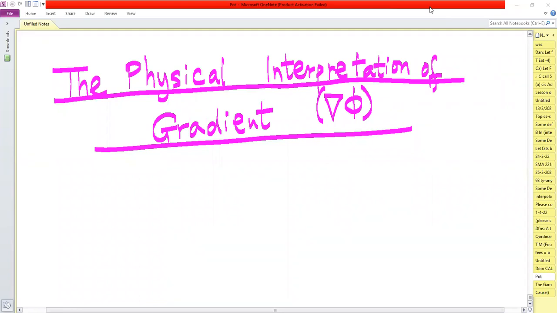This session is dedicated to discussion of the physical interpretation of the gradient of a scalar field phi. Suppose we think of a scalar field phi as describing the temperature throughout a region, then this temperature varies from one point to another point.